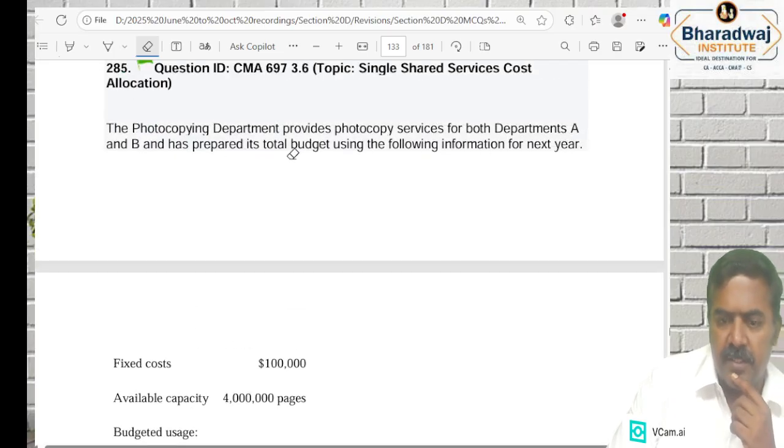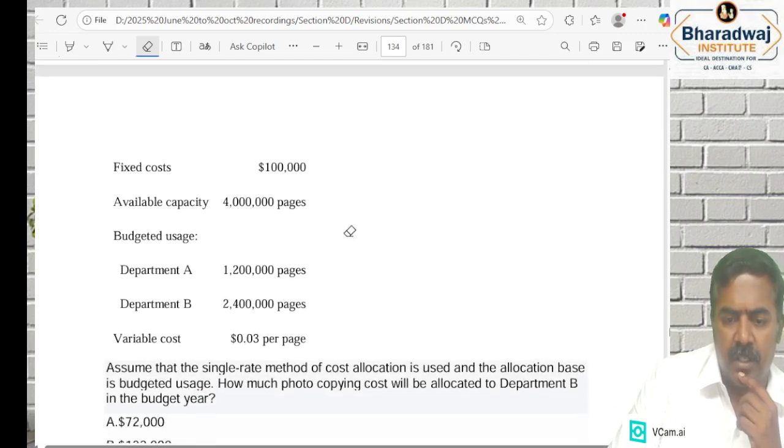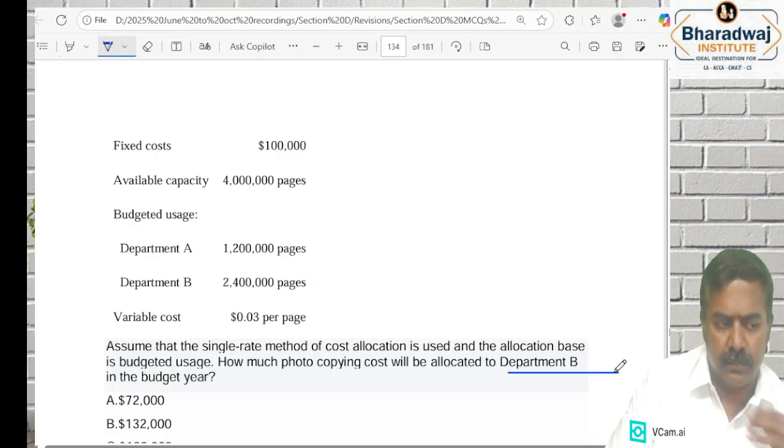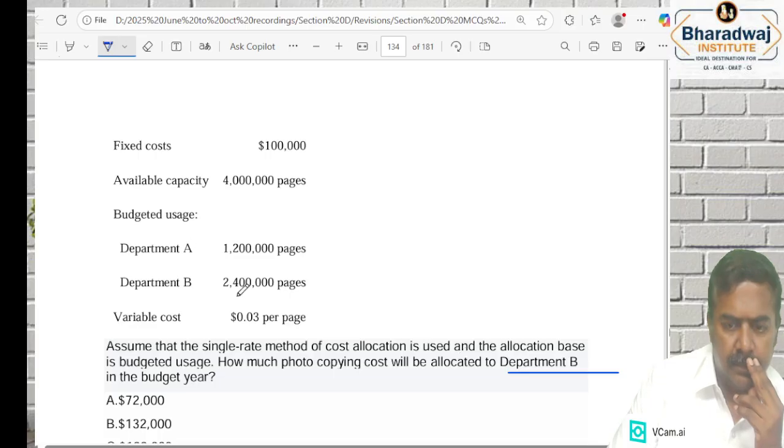Photocopy services A and B, they have given the total budget. Fixed cost. Available capacity 4 million pages. Budgeted usage is given to us. Variable cost is given to us. Assuming single rate method of cost allocation is used, how much cost will be allocated for department B? Single allocation base.